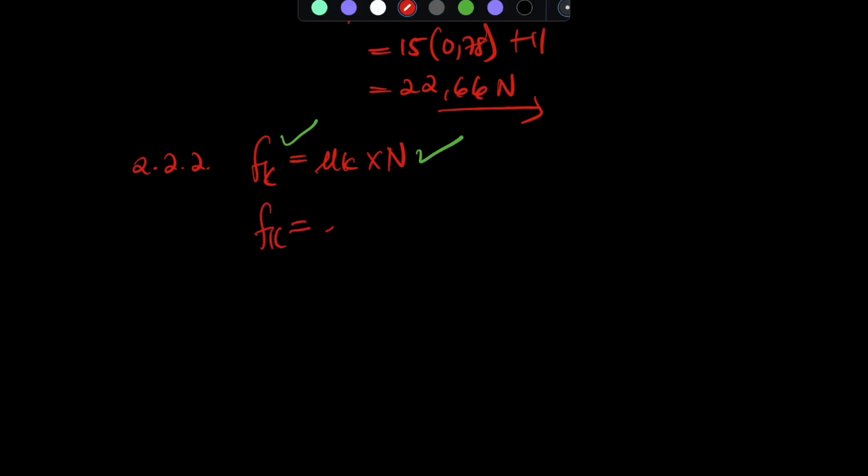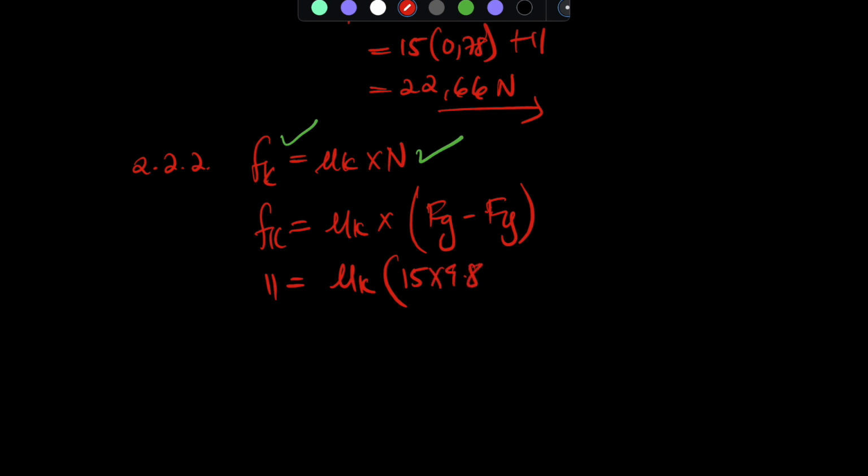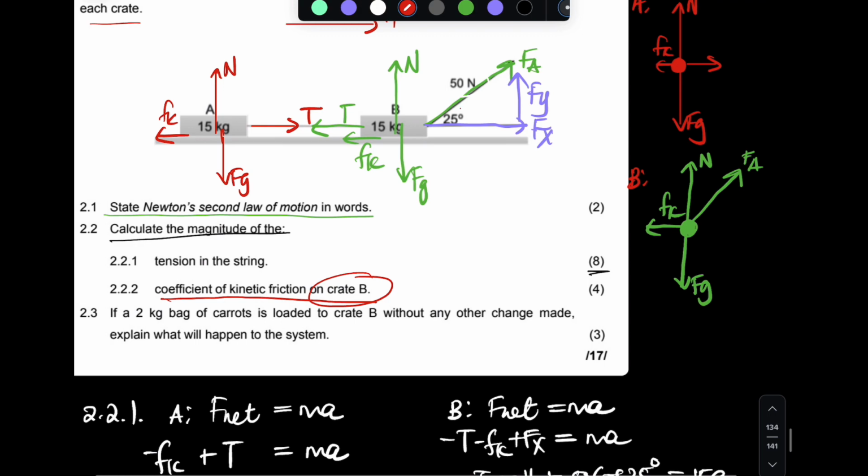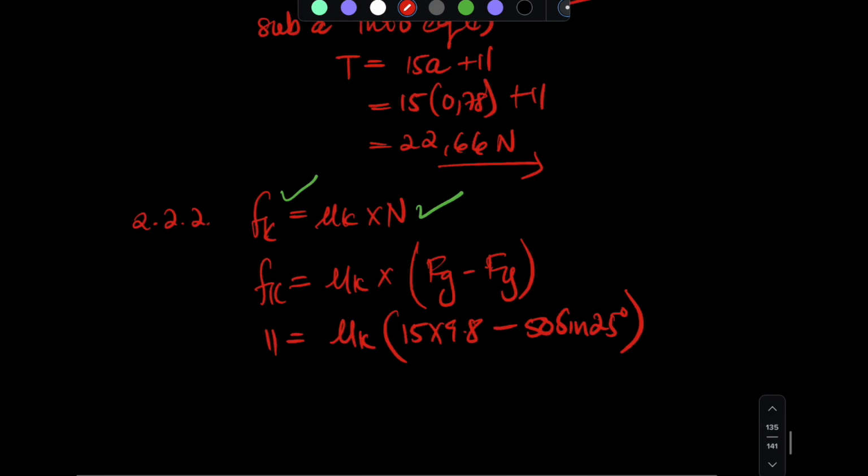It's going to be Fk is equal to mu k times the normal force, which when pulled at an angle is going to be Fg minus Fy. So 11 equal to mu k, and then the Fg is mg, and crate B is 15 kg mass, times 9.8 minus Fy, which is going to be 50 sine 25 degrees. The angle is 25 and the force is 50.